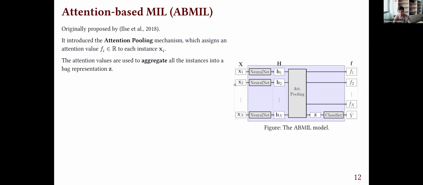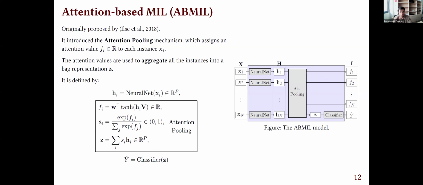How is this defined? The idea is to first transform your input instance using a neural network. We'll later talk about how important the choice of this neural network is, because it will be very important. Then we have the attention pooling. The first equation, the one that defines the attention values, can use any network that transforms a vector into a one-dimensional value.